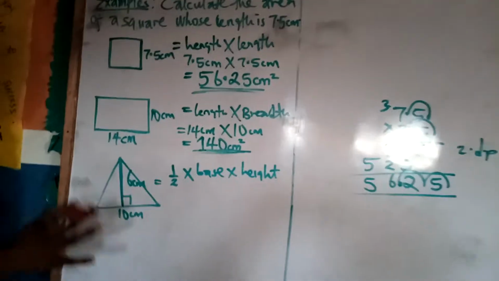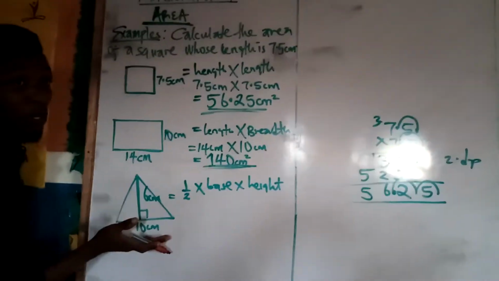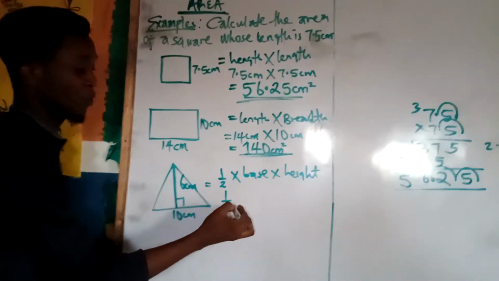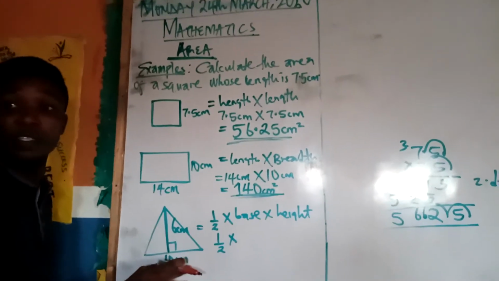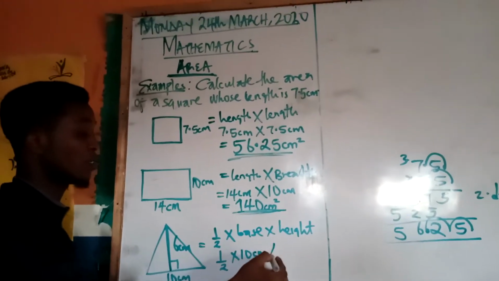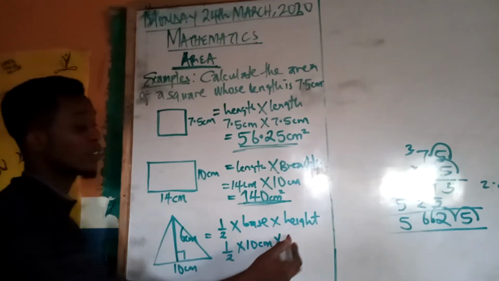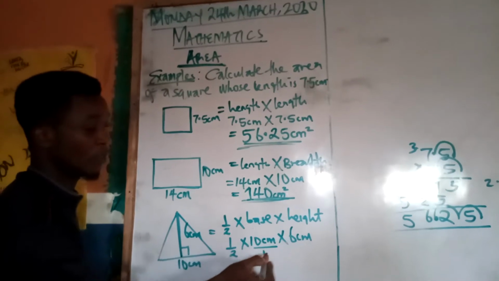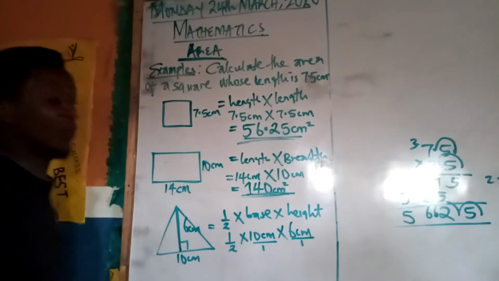Remember I said the base is found at the bottom of the shape. So say 1 over 2 times, what's the base, everybody? 10 centimeters. Then what is the height, how tall the shape is? 6 centimeters. Then we can put this over 1 and put this over 1.